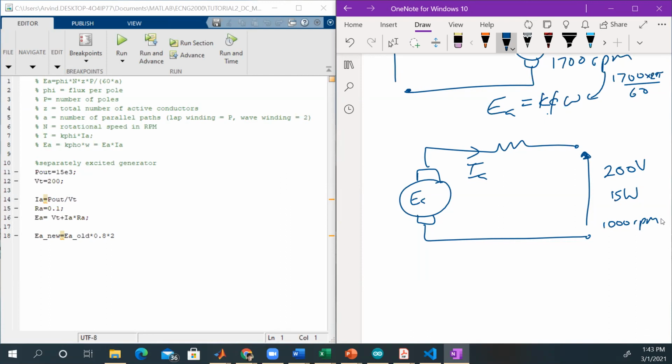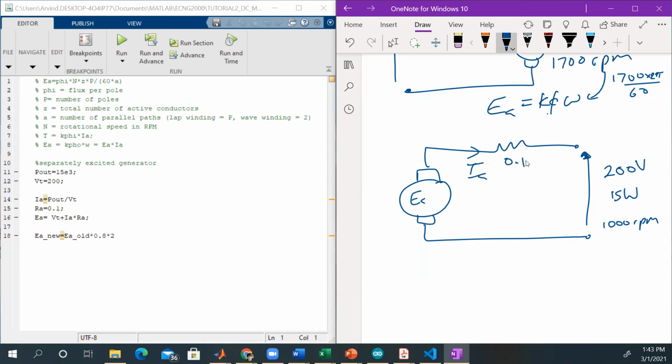That is what we should get at the output. So now we want to find the generated EMF when conditions are altered, and sorry, RA is 0.1 ohms. Okay, so we have to change these things up and see what are the new conditions.